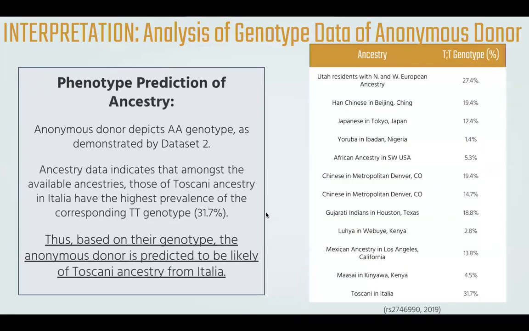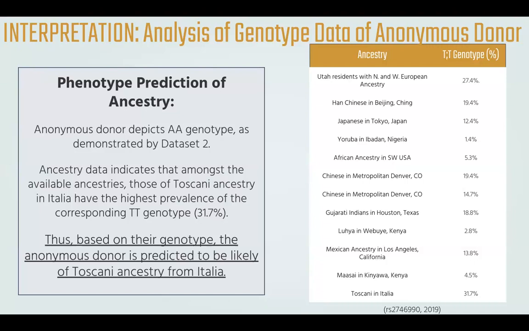So in order to interpret and analyze the genotype data of the anonymous donor to predict their ancestry, we then compared the Ancestry dataset to our results from the Ancestry distribution table of the CC, CT, and TT genotypes obtained from SNPedia for the SNP associated with RS2736990. We know that the anonymous donor depicts an AA genotype, as was demonstrated by dataset 2.